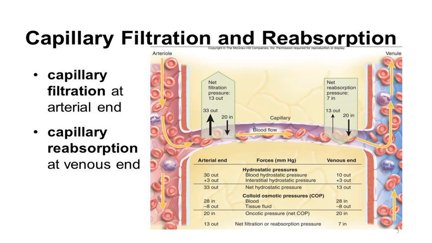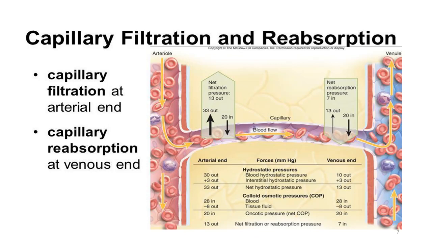But in the venous end, for a difference of 7 millimeter mercury, 40 milliliter goes back into the capillary. There is a difference. In the arterial end, blood goes to the interstitial fluid, and in the venous end, the fluids go back to the capillary.